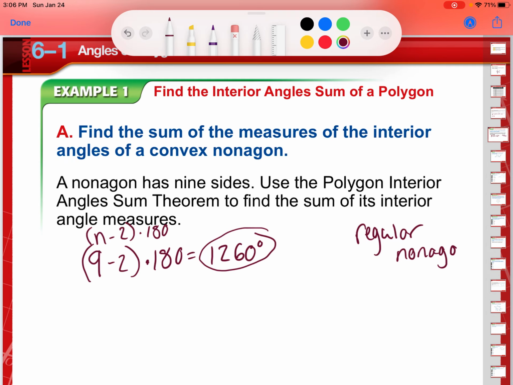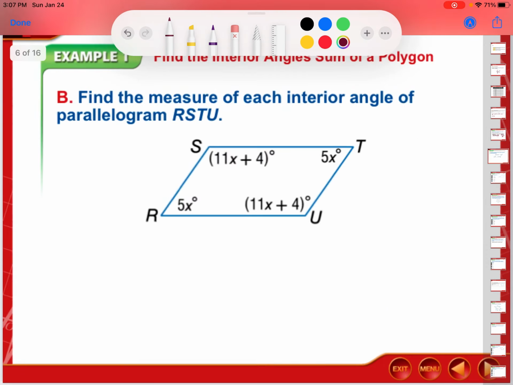We would do that same first step, but then we would divide this 1260 by 9, and we would get each interior angle of a regular nonagon would be 140 degrees. So just be careful. Be on the lookout for that regular indication. They will sneak that in there on you.